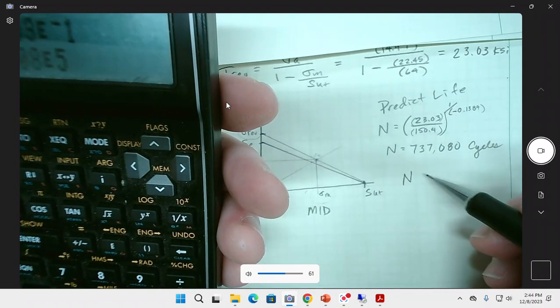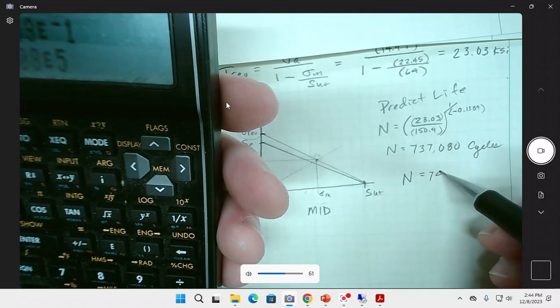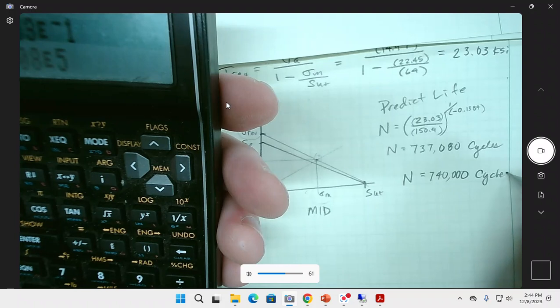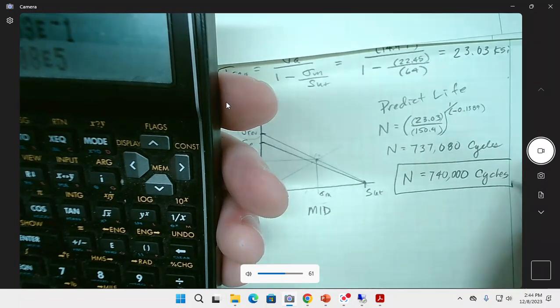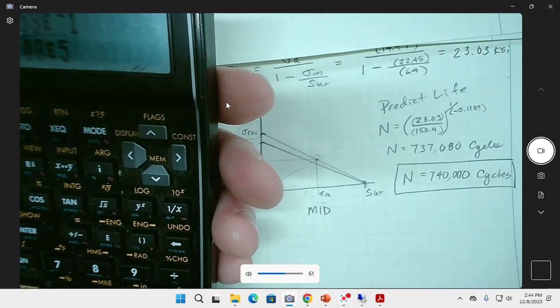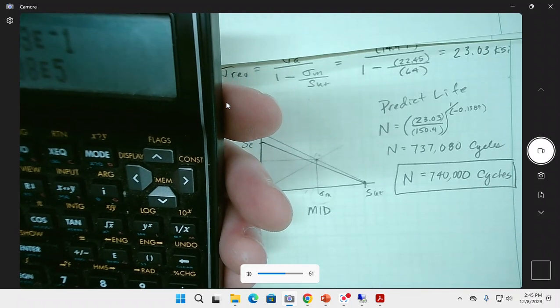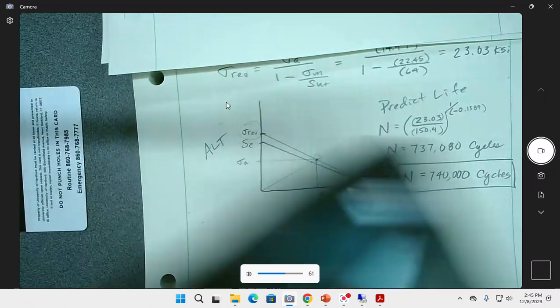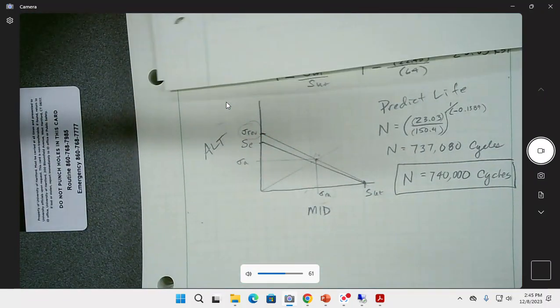But 740,000 cycles is a better answer. I'd even say give me 700,000 or 800,000, because I'm not buying that it's going to live 740,000 cycles. It's got all kinds of variables in there.